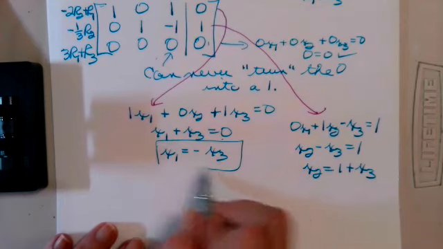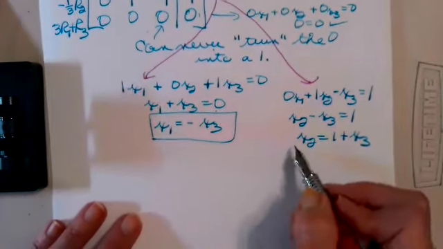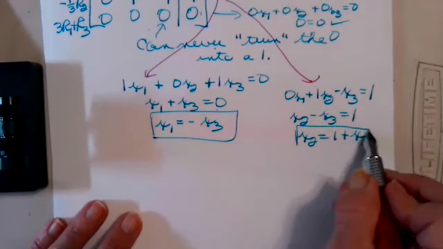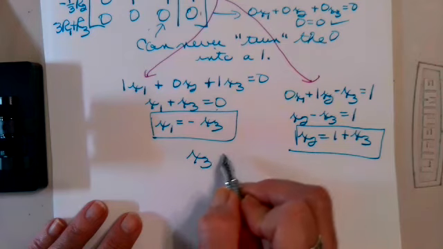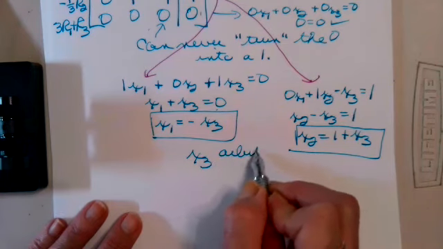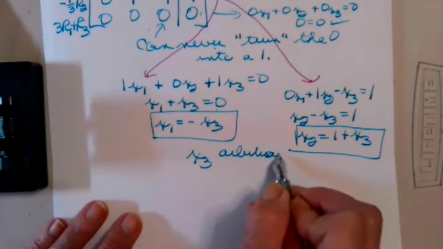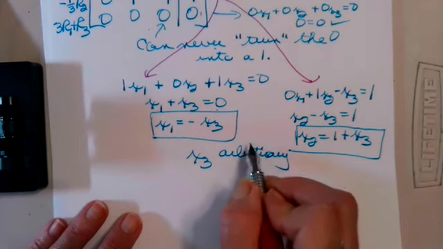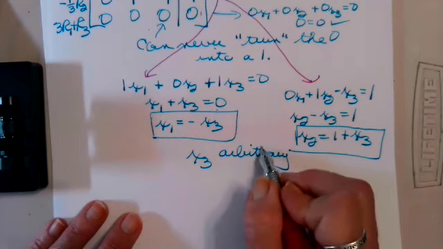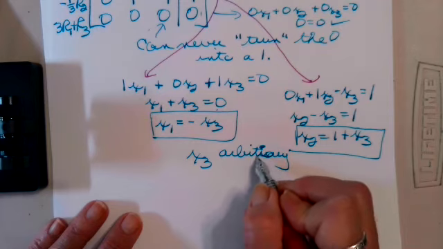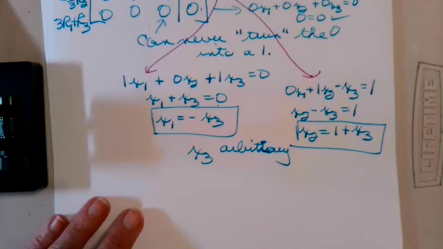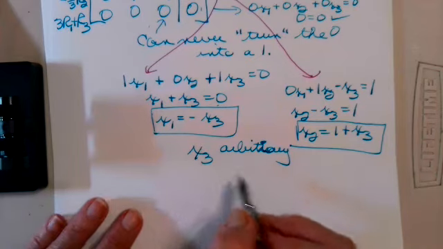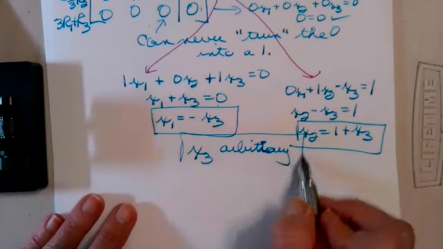So x1 is minus x3, x2 is 1 plus x3, and x3 can be anything. So we say x3 is arbitrary. Sorry, no dot there. I don't have any whiteout. So x3 can be anything. All right, so that's your solution.